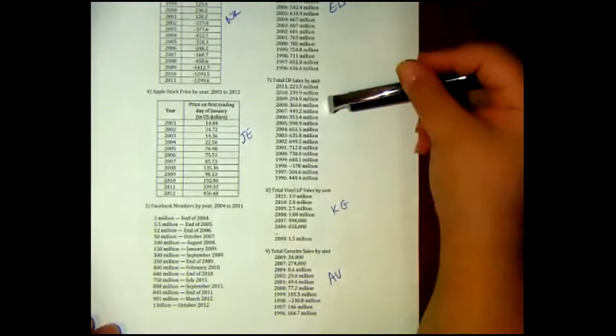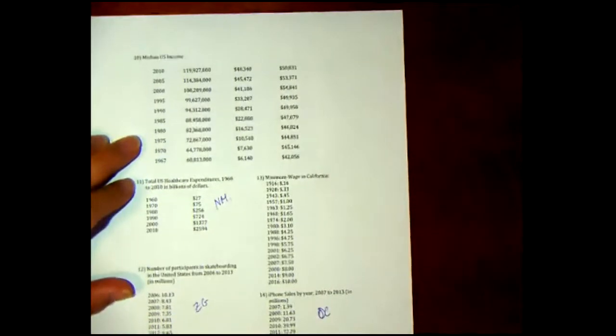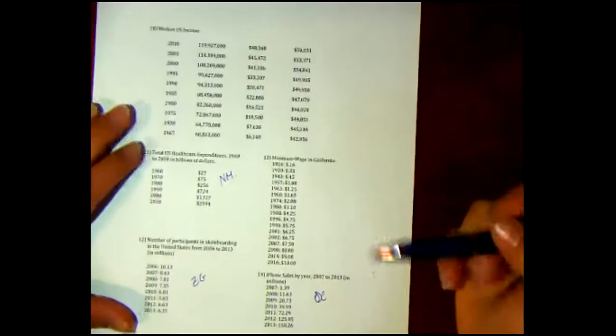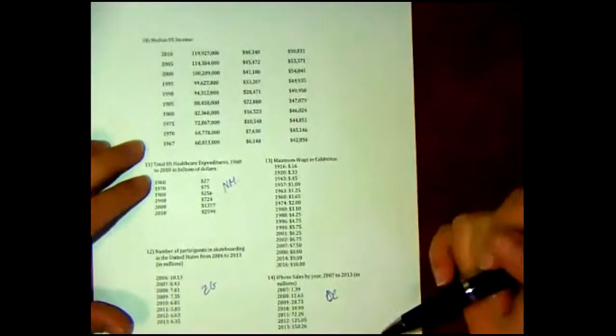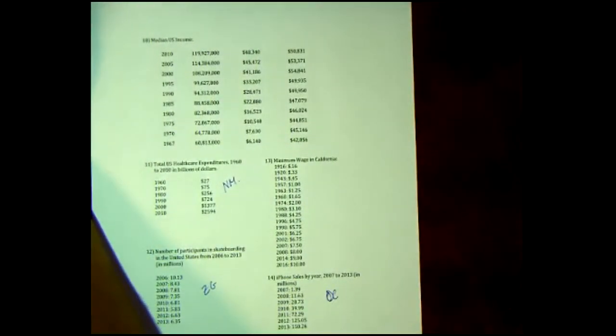All right, right on so far. So far the available ones are number 5, the Facebook members; number 7, the total CD sales; number 10, the median U.S. income; and number 13, the minimum wage in California. So these are the ones that we have left to choose from.